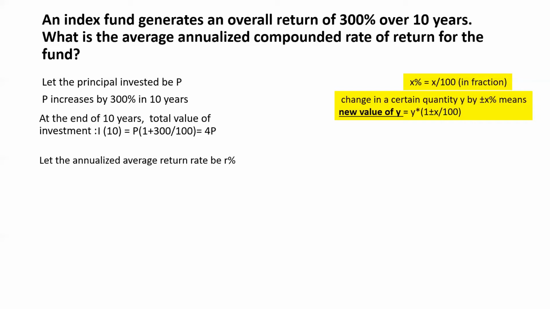And during this 1 year, that money grew from whatever it was at the start of that particular year by R%. So what's the value of the investment after 1 year? Well, at the start of 1 year, the value of the investment was P. And since it increased by R%, the value of the investment at the end of 1 year is basically P multiplied by 1 plus R by 100.